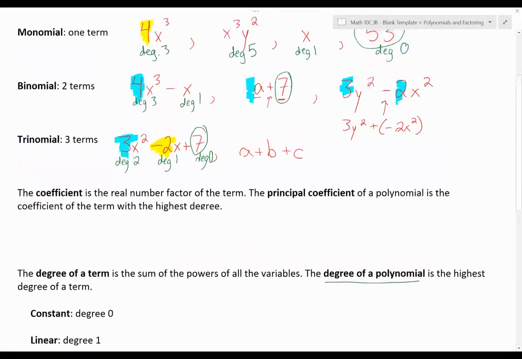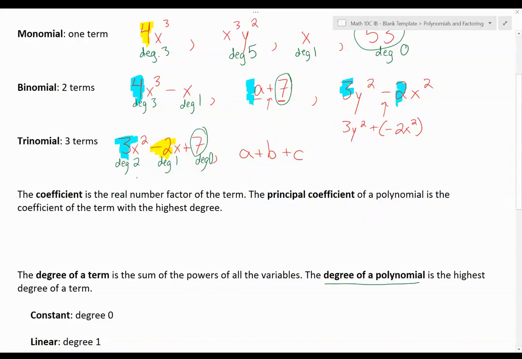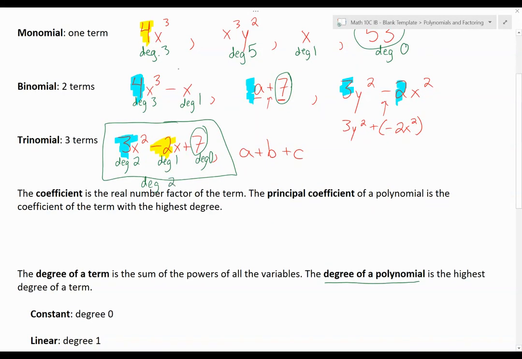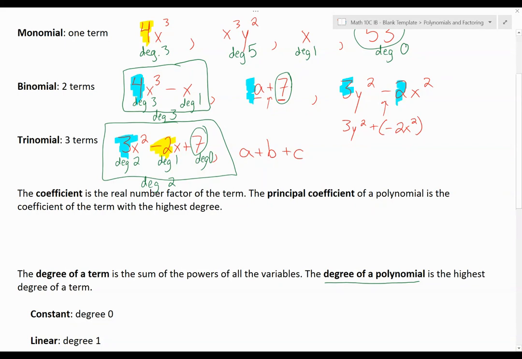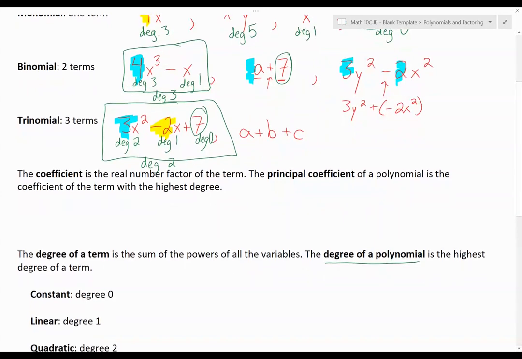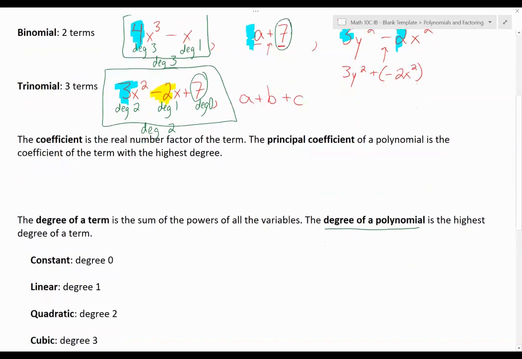So in the case of this first trinomial, the overall trinomial is degree 2. And in the case of this first binomial, the overall degree here is degree 3. Because the highest power term, not necessarily the first, although I have written these in order of highest power to lowest power, the highest power of a term is the power of the binomial, or the polynomial, sorry.